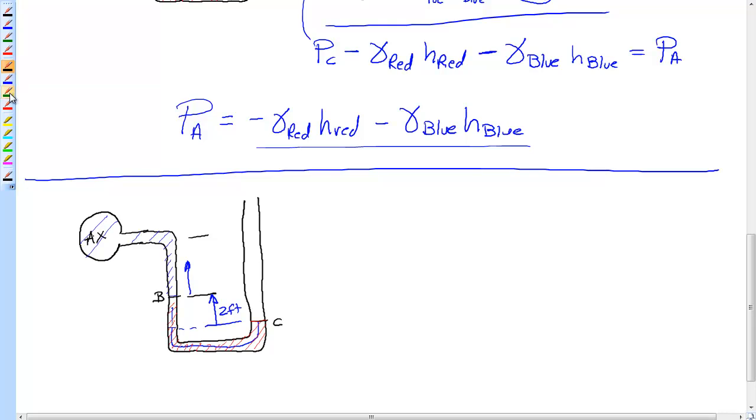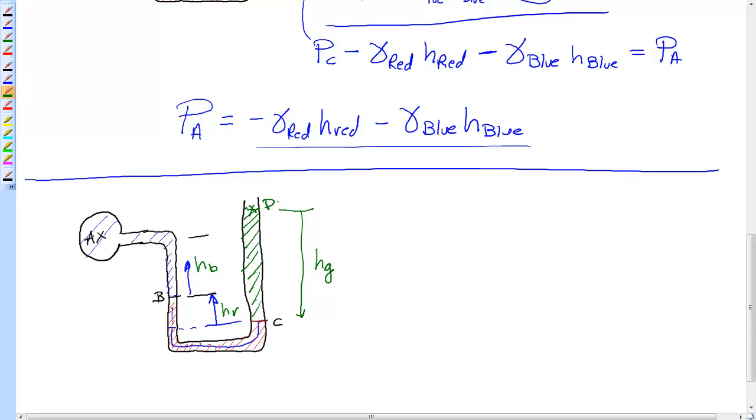I'm going to stack another fluid here. Some green fluid. And I'll say this is like 3 feet, or it doesn't matter what the value is. This would be, we can say that this is the H of the green fluid, H of the red fluid, and H of the blue fluid.